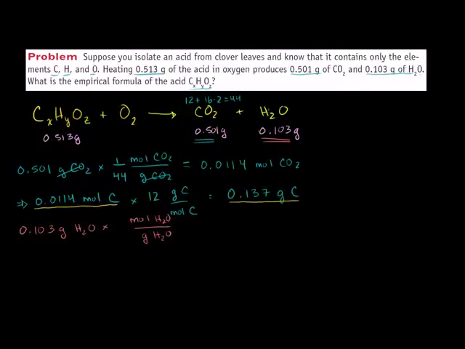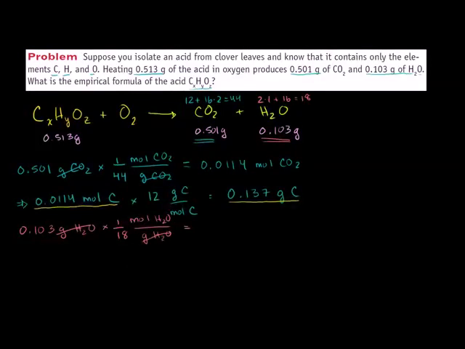And what is the molar mass of water? You have two hydrogens, so it's 2 times 1 plus the molar mass of oxygen, which is 16. So it equals 18. So 1 mole of water has 18 grams, or 18 grams per mole. But we wrote the 18 in the denominator because we want the grams in the denominator. So these cancel out, and we have 0.103 divided by 18 moles of water.